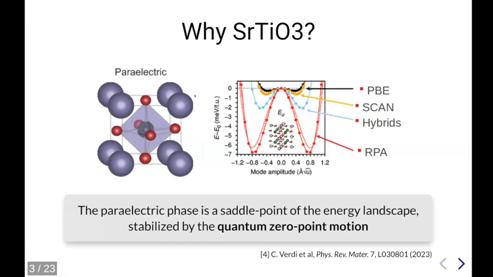The reason why experimentally the system is still paraelectric is because it's stabilized by the quantum zero-point motion. So it's the quantum effect of nuclei that is responsible for stabilizing the paraelectric phase of strontium titanate.